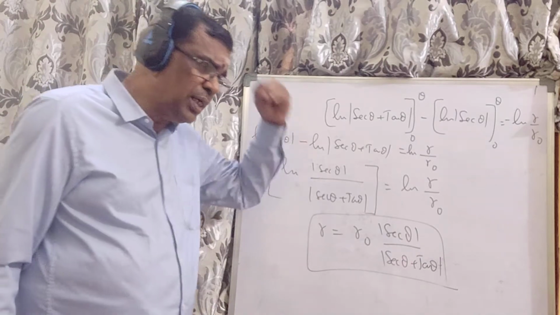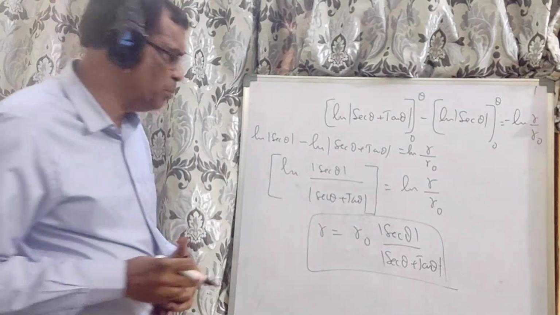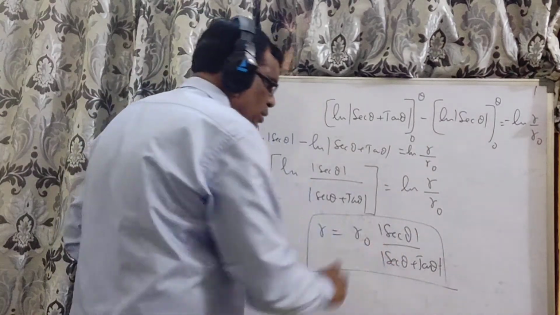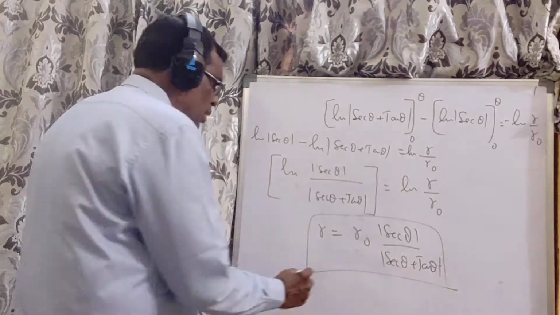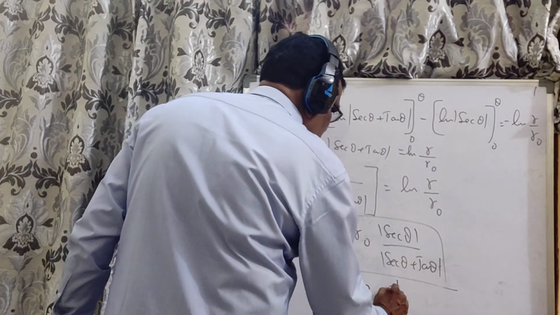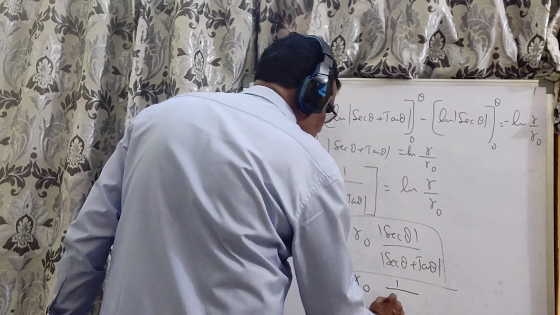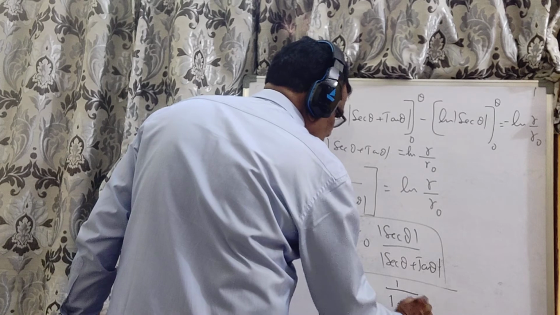Now if I say I want this to reach the other bank, I told you theta must be pi by 2. So sec pi by 2, secant pi by 2, is 1 by cos 90. Now you can see you can't get that. Therefore, divide that. Sec theta means 1. Tan by sec is sin theta.